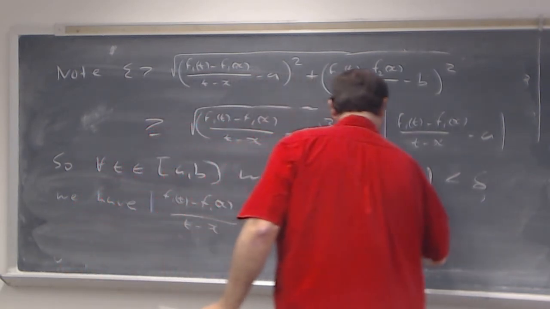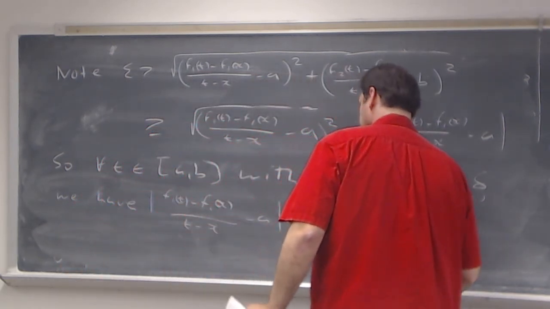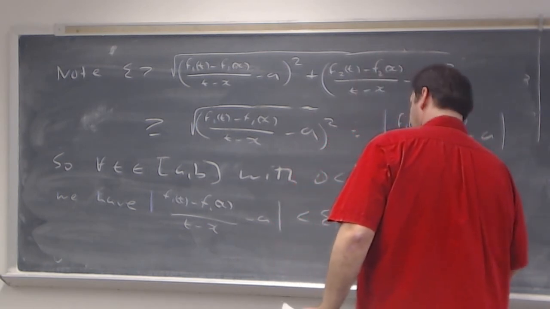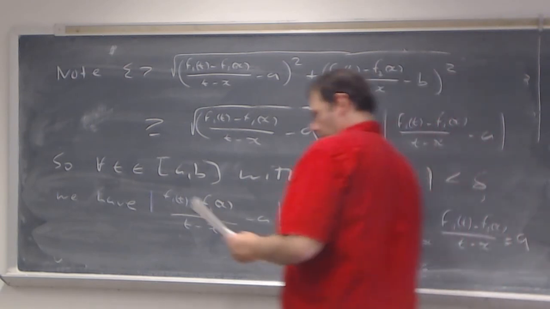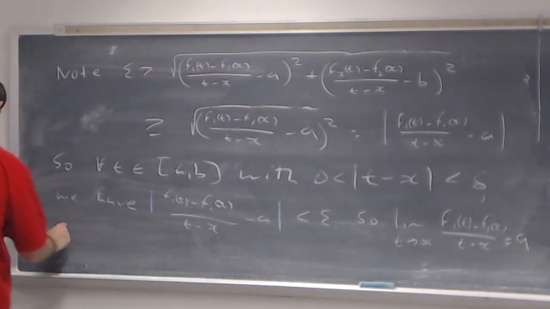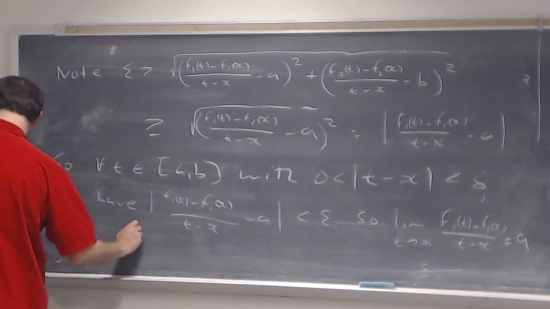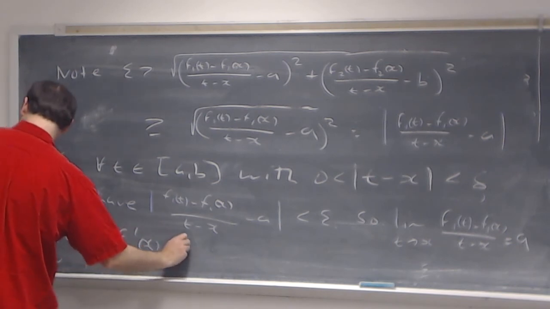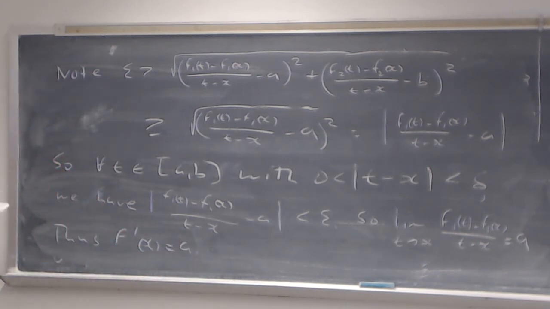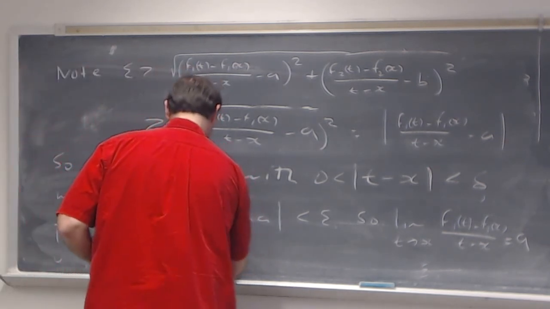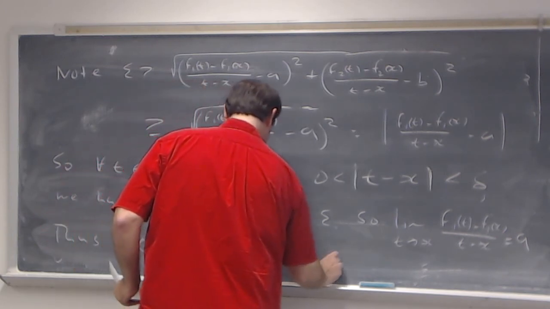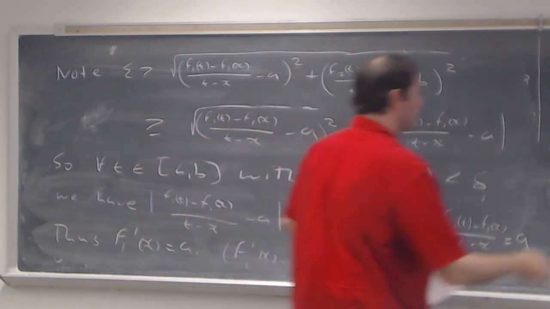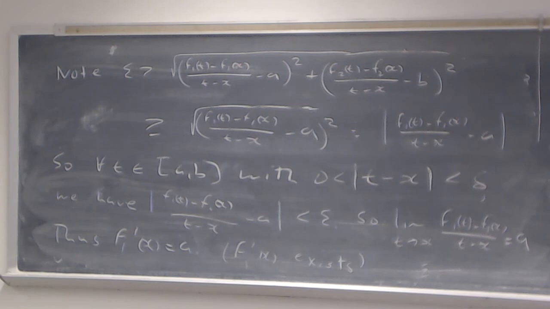So that says the limit as t goes to x of f sub 1 of t minus f sub 1 of x over t minus x equals a, and that's what we wanted to show. Thus f sub 1 prime of x equals a, so it exists. We can do the same thing for the f sub 2's, and I'll just write that up very quickly.